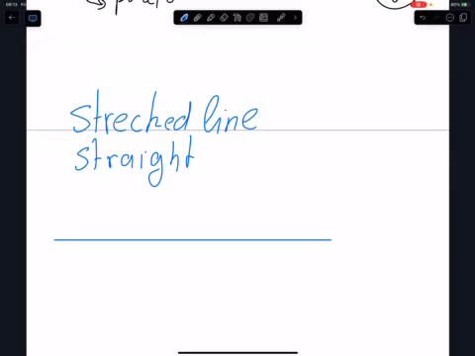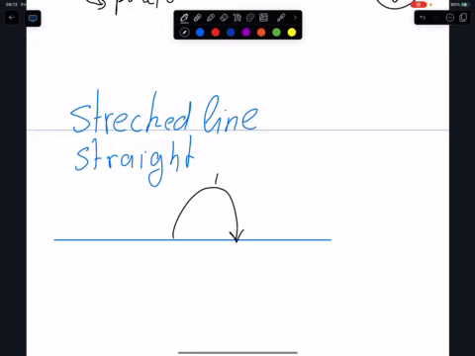And a horizontal line is 180 degrees. Stretched line is 180 degrees.